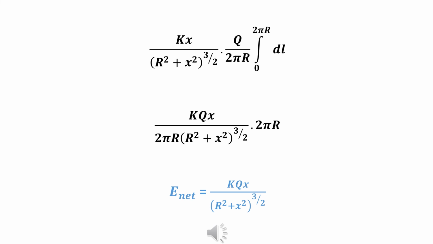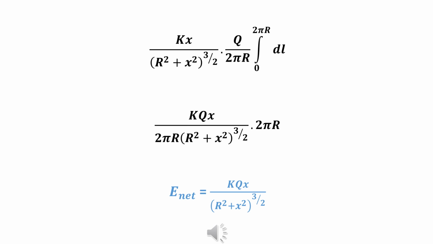Here you should be careful while keeping the value of q in the formula. You should always keep the value of q with proper sign, either positive or negative, as the sign will show the direction of the net electric field along the axis of the ring.